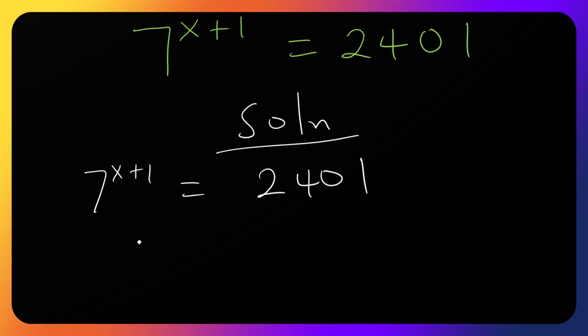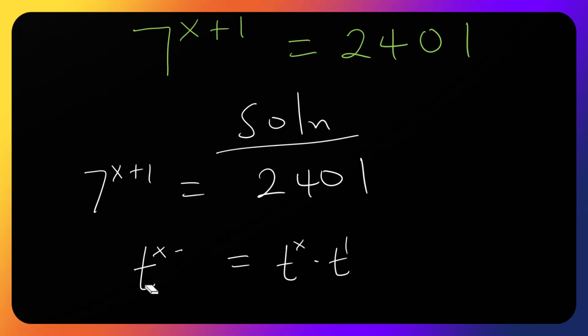Remember, the left hand side is behaving like this: t to the power x plus 1, which is the same as t to the power x times t to the power 1, which is the same as t.